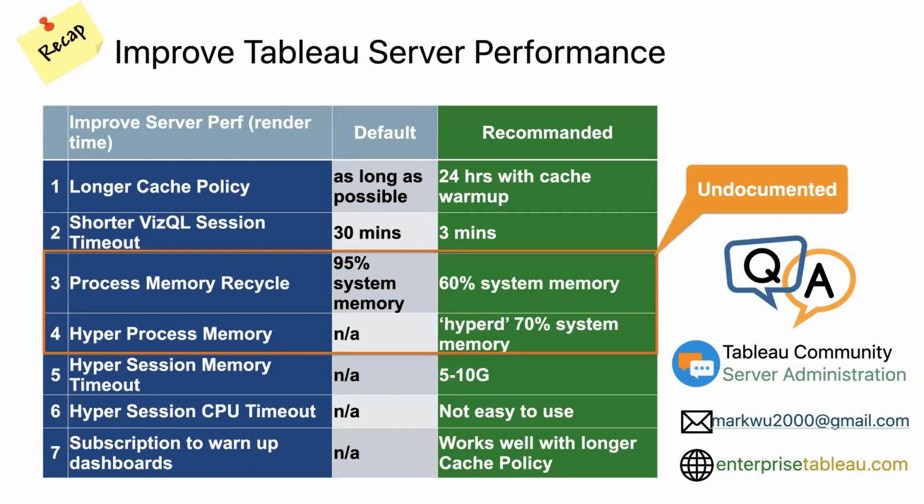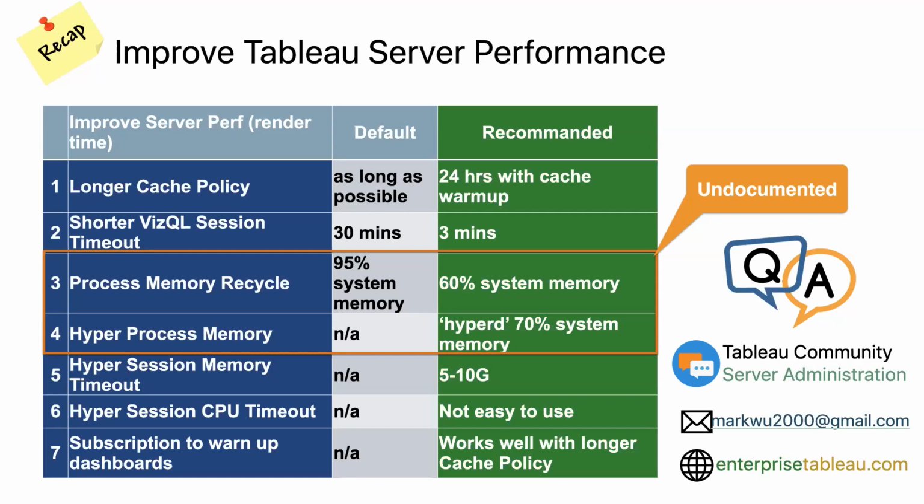On Tableau Server, we should always have multiple instances of VizQL sessions and also multiple instances of Hyper, so when the recycling happens, the impact is minimal to the rest of the audience, or almost no measurable impact.